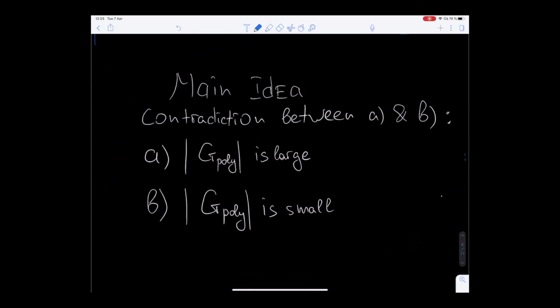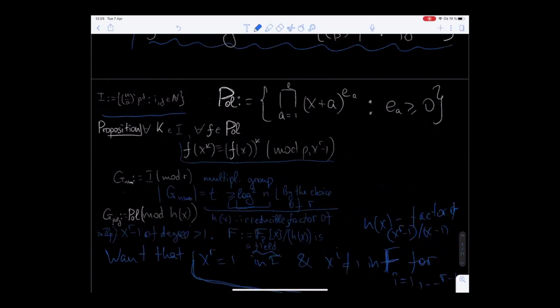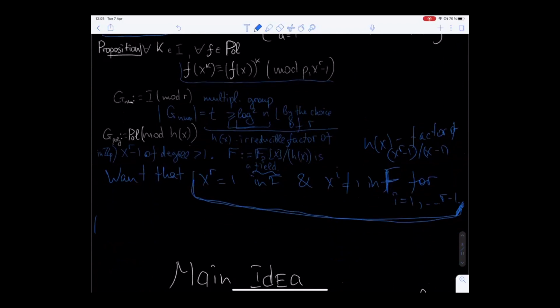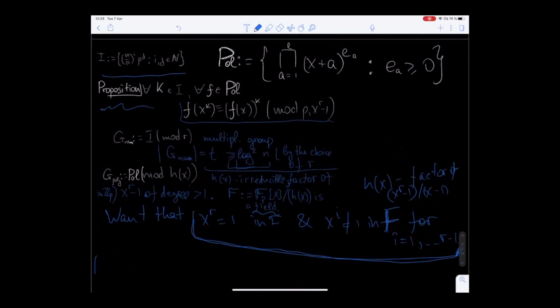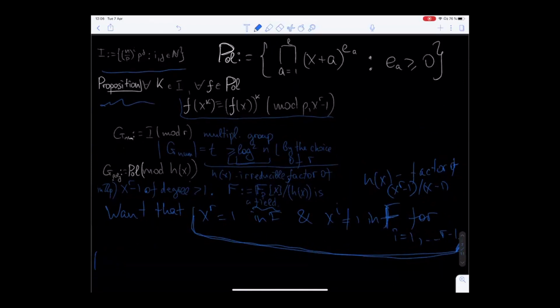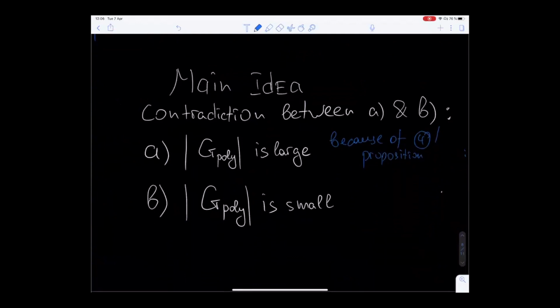It would be large because of this proposition, that these polynomials behave interestingly with respect to X, and we'll show the following bound, that it's at least t plus L divided by t minus 1.